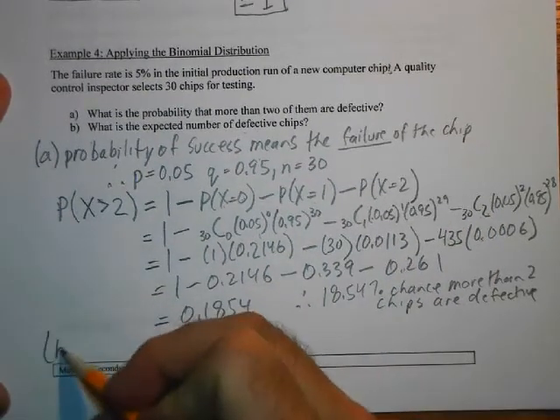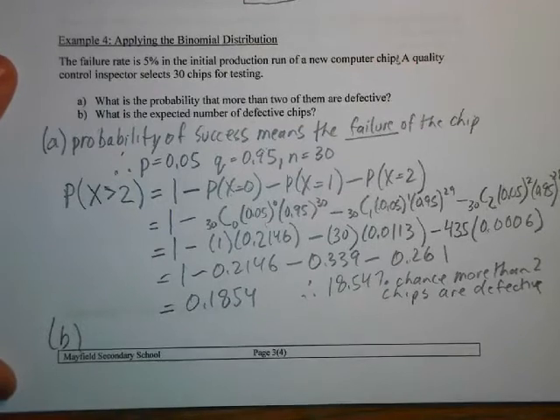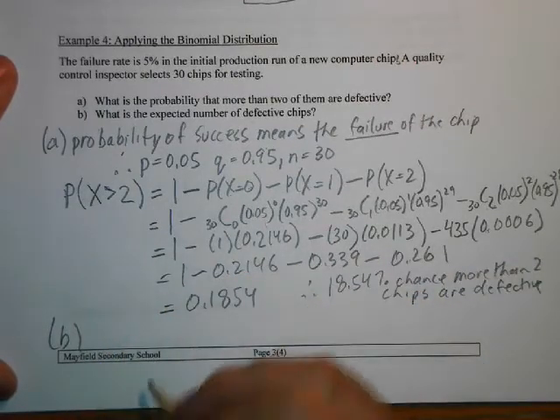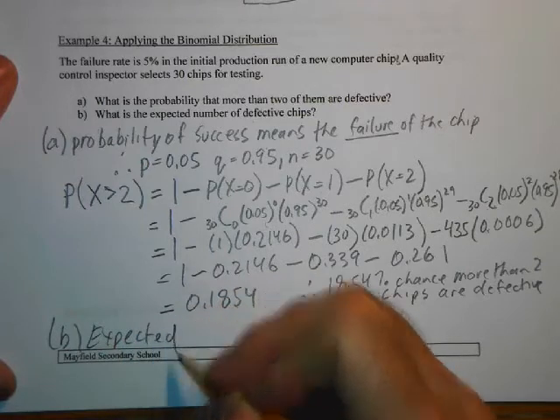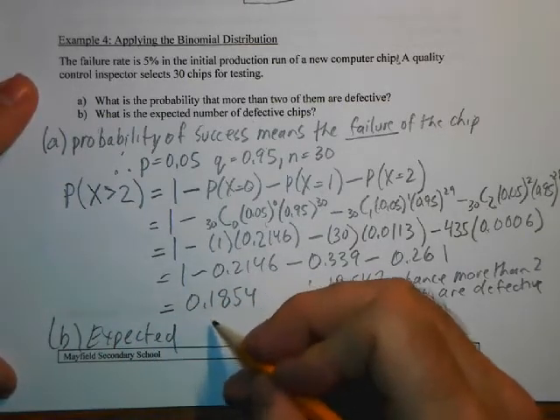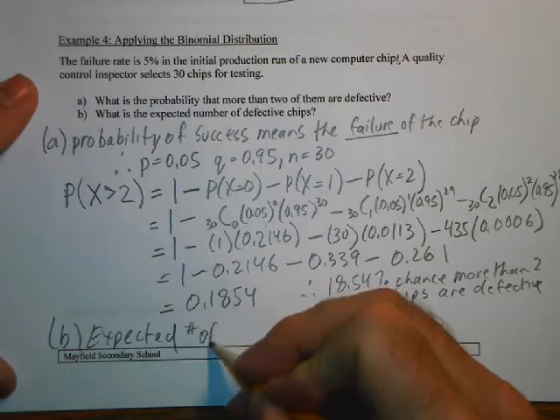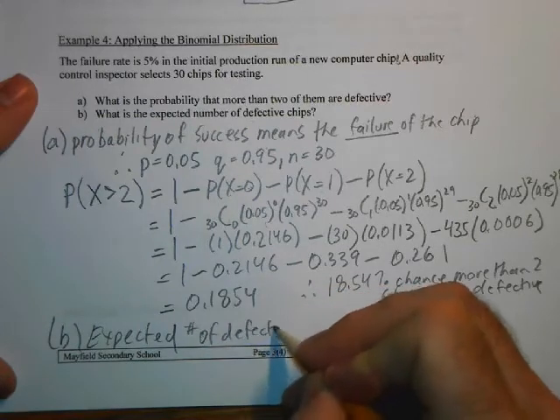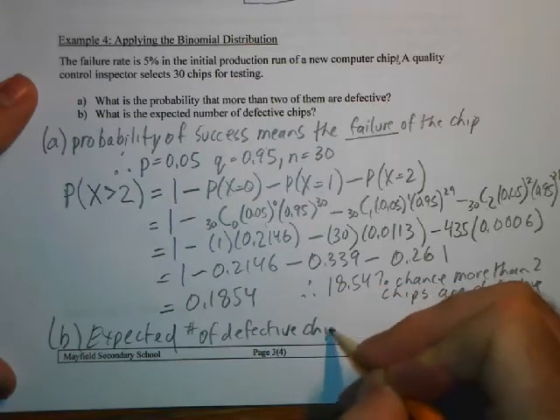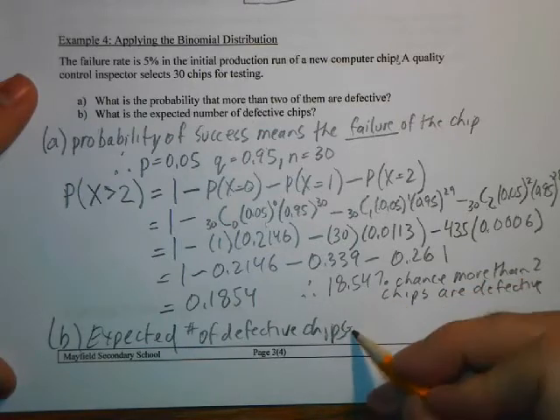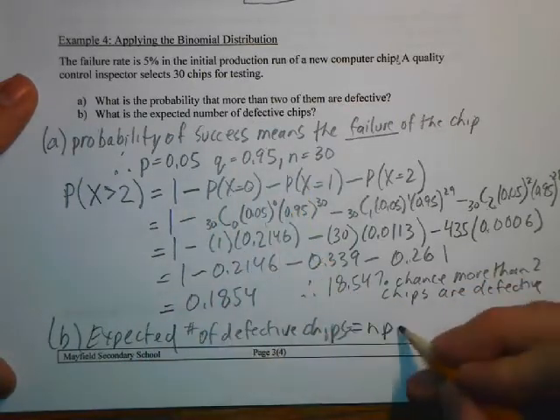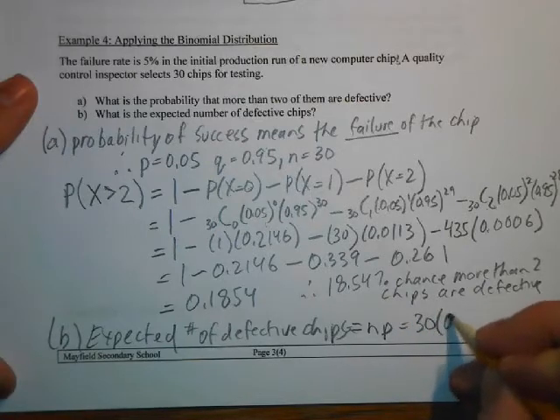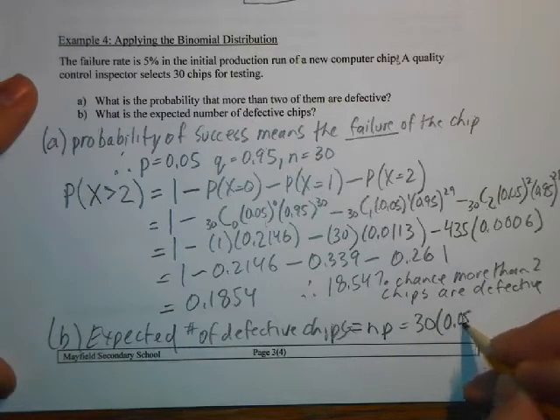Then part B is what's the expected number of defective chips? And we're going to use our handy formula for this. Expected number of defective chips is equal to np. And remember, n is 30, our p is 0.05.